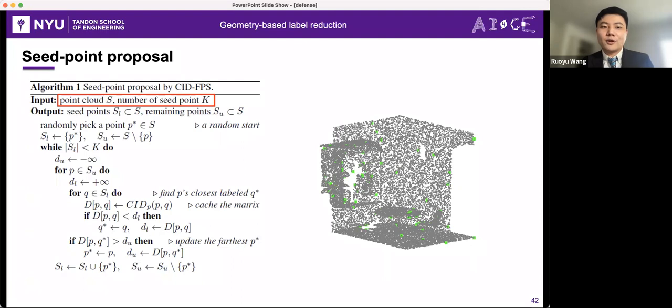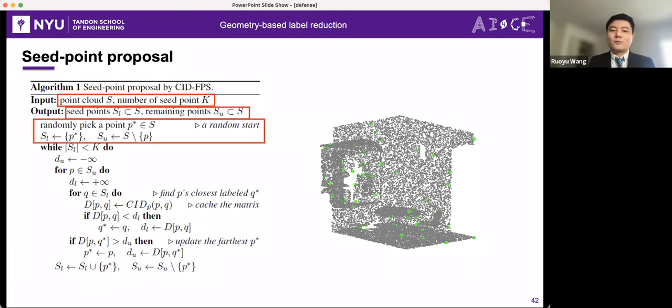The input is a point cloud S and the number of seed points K. The output is a set of seed points, which belongs to all the points, and also the remaining non-seed points, which are also a subset of all the points. In the first step, we randomly pick a point, put it into the seed point set, and remove it from the non-seed point set.